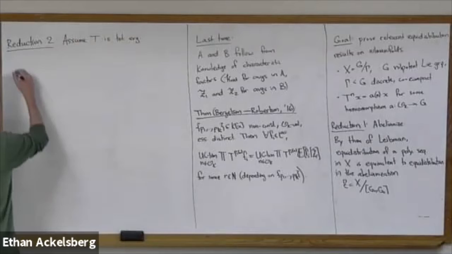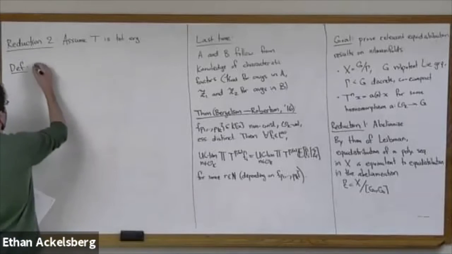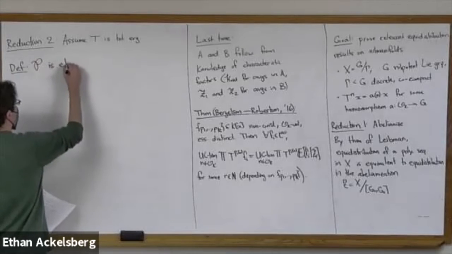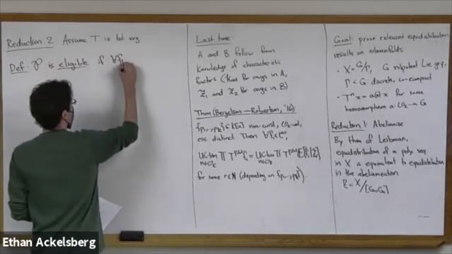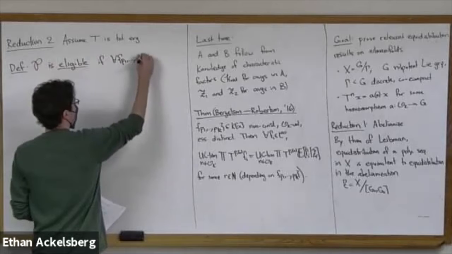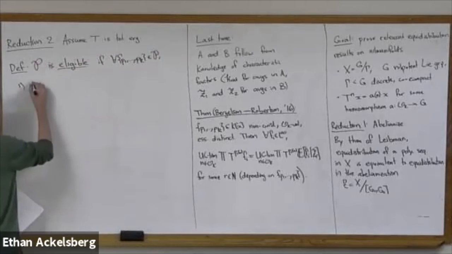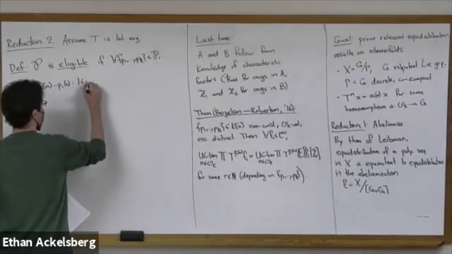And the reason for this, let me introduce the definition. This script P is going to be a collection of families of polynomials. And we say that it's eligible if whenever we have some family in here, three things happen. So the first is that we can remove constant terms and stay in the family.